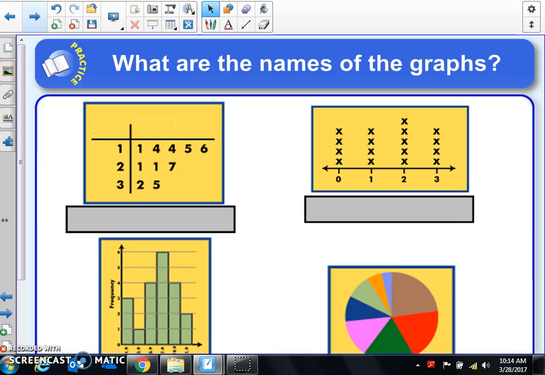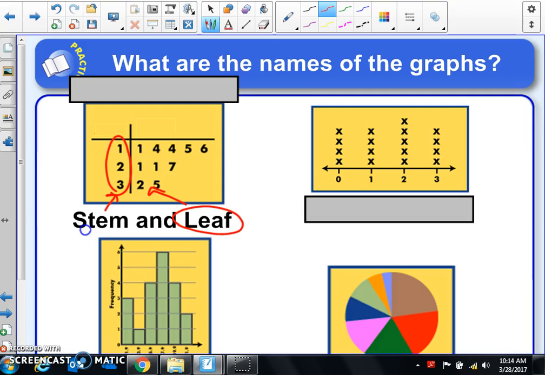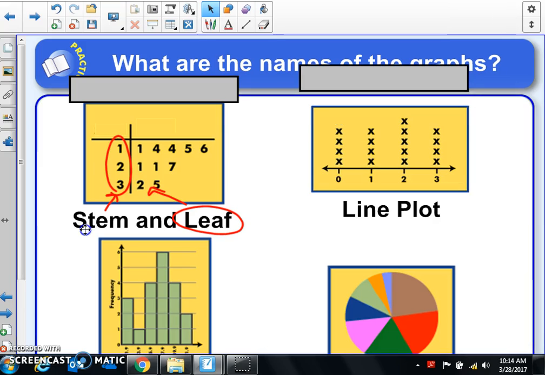So there's a couple different graphs that we're going to have to know in this class. This first one is a stem and leaf plot, okay? So these are the stems and these are the leaves, all right? And we'll talk about what those look like. Another kind that we could see is a line plot.